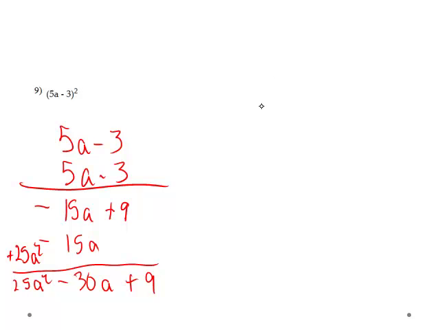The other way to do this would be to FOIL it, or since this is squared, we could use the squared rule, which says your answer is the first term squared, the last term squared, and twice the first times the last.